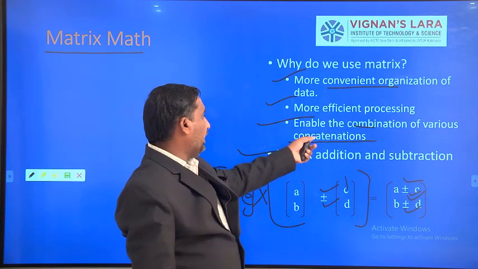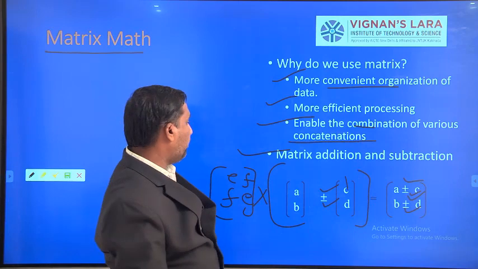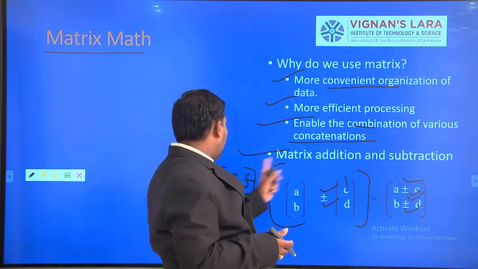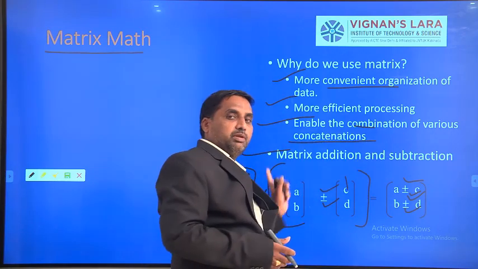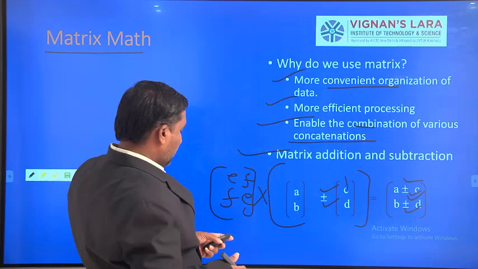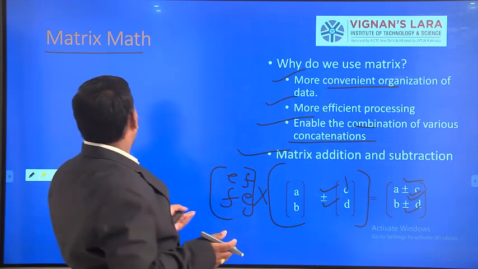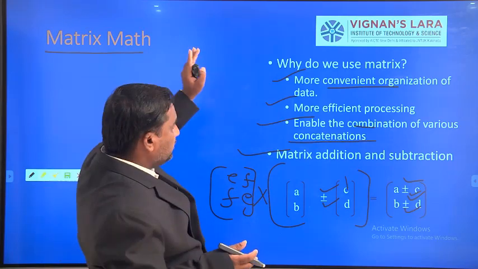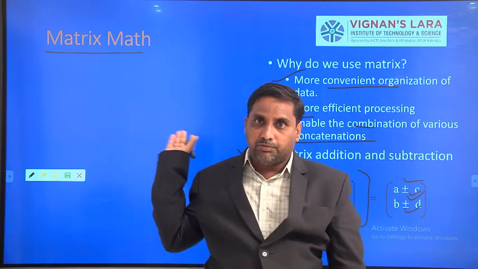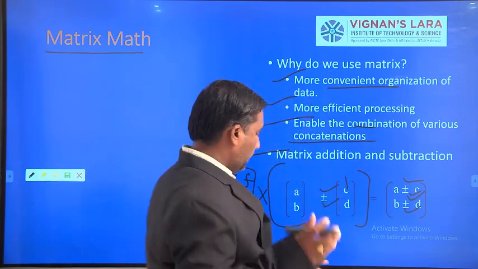So a concatenation is nothing but a combination of different matrix operations, either a combination of addition and multiplication or subtraction and multiplication, like that. So what I am telling now is that matrix operations are very easy for algebraic operations and also for the transformation concept.